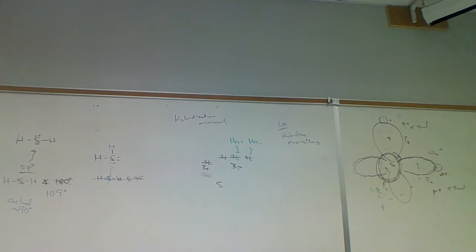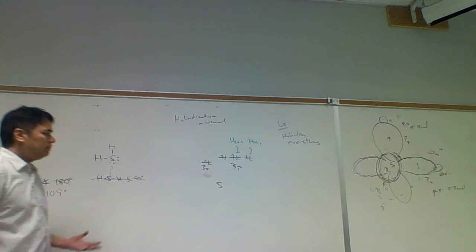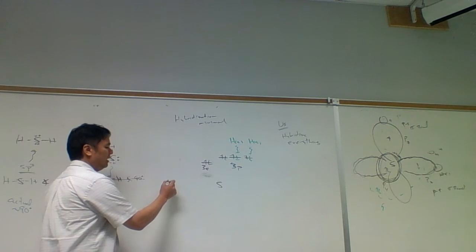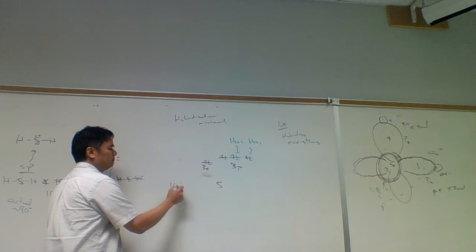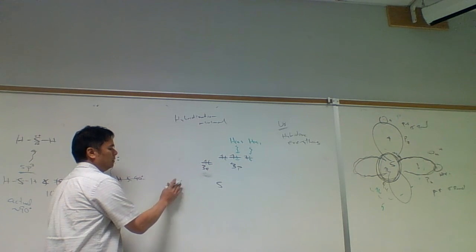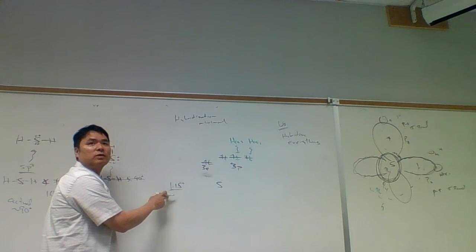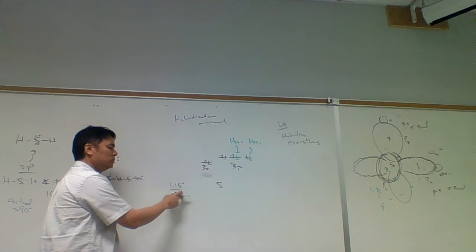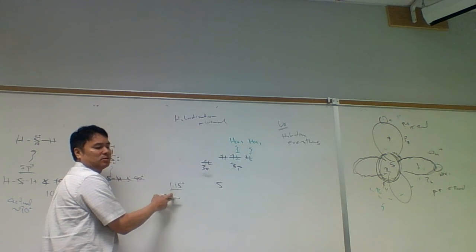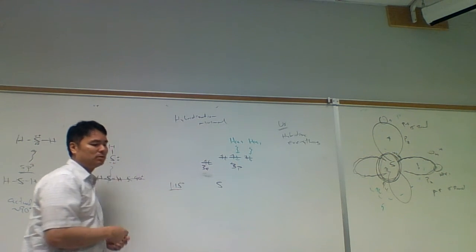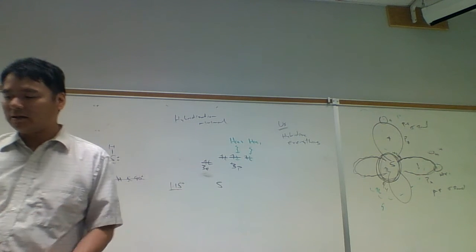And the same thing here. For example, if we had an angle of 115 degrees, that's getting close to sp2, but it's also between sp2 and sp3. Well, what percent?